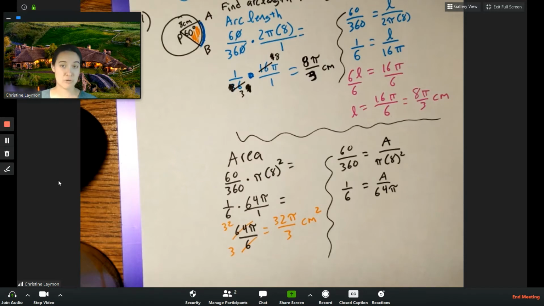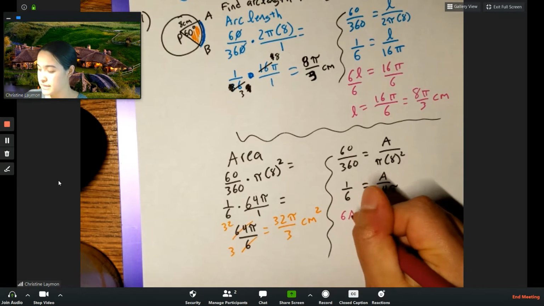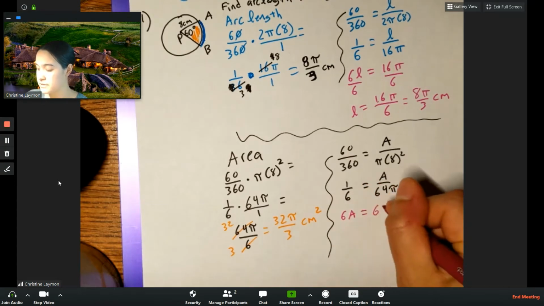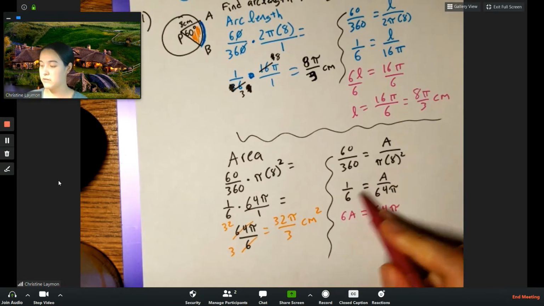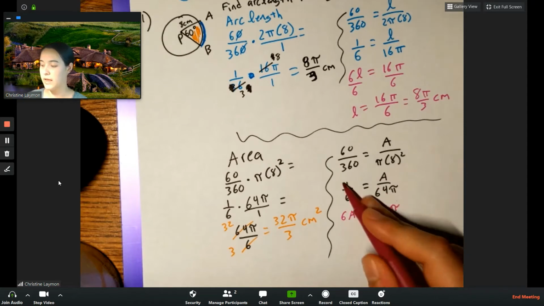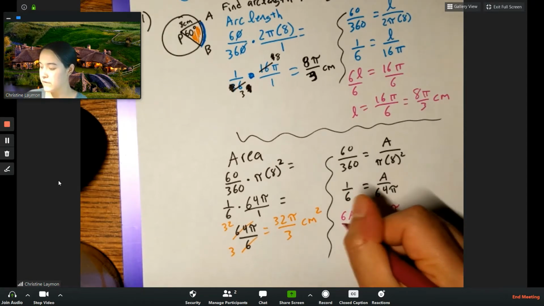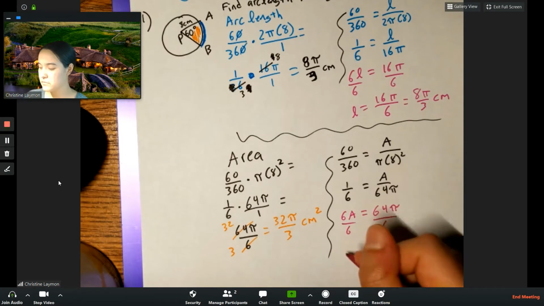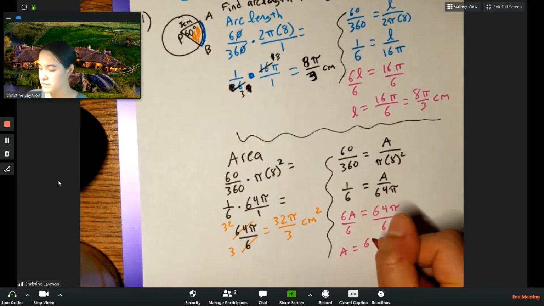And I will show it using cross multiplication. So I'm going to show 6A equals 64 pi. Again, crossing along here and along there. Divide both sides by 6. So A equals 64 pi over 6.